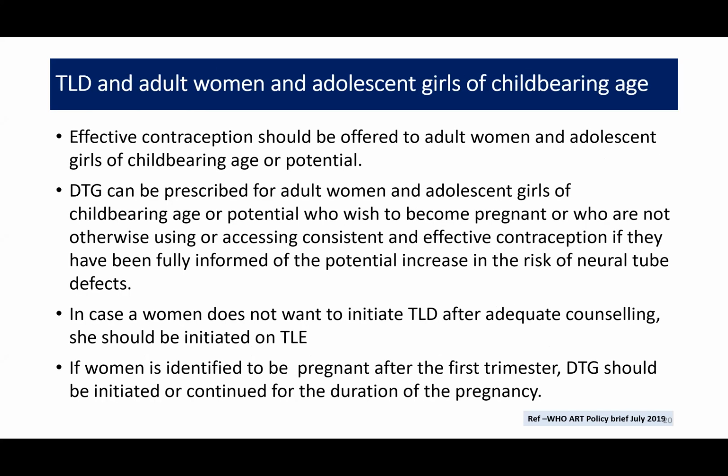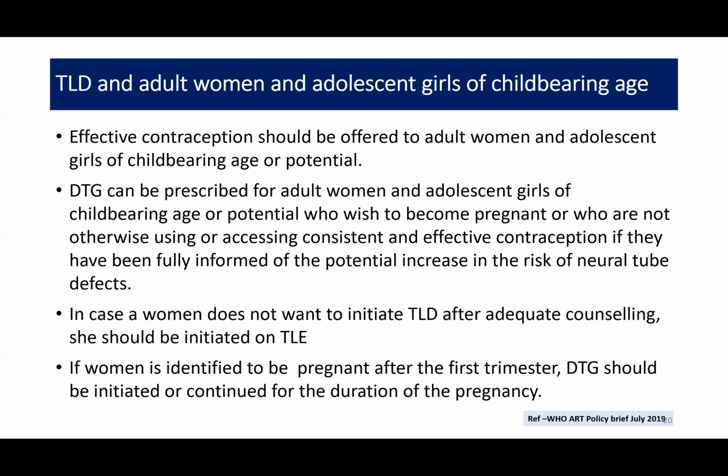But suppose for some reason they are not willing to start ART or DTG based ART, and they are of childbearing age, then effective contraception should be offered to these adult women, and DTG can be prescribed for women and adolescent children of childbearing age who wish to become pregnant.